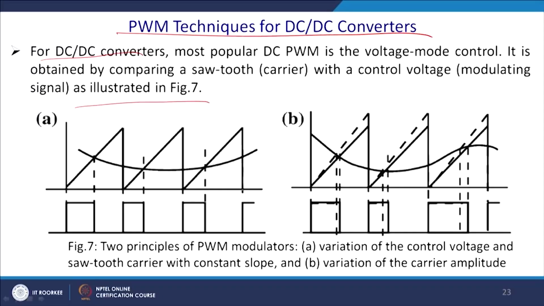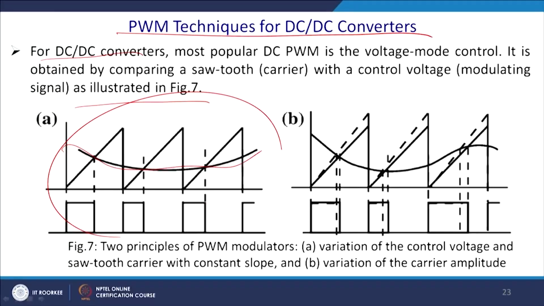So, this is your sawtooth waveform, and this is maybe the capacitor output voltage, and it is swinging like this. You can see that this is a duration, and this duration changes, and you will have a different kind of switching pattern. Based on that, you will be switching on.